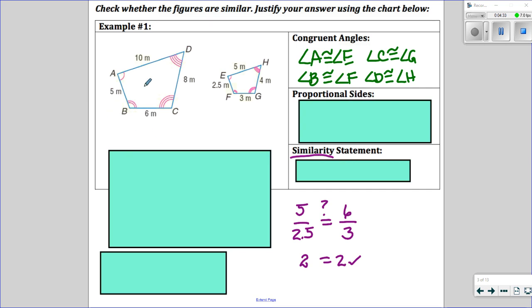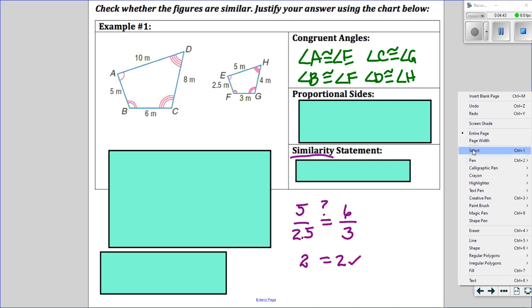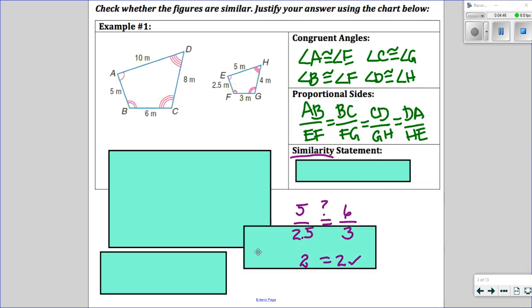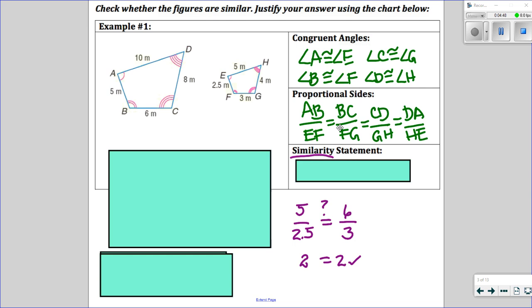The big shape going to the little shape, I'm basically multiplying by half to get to the dimensions for the small shape. So I can say in conclusion that the sides are proportional. So then I set up the proportion. So one side of the big shape to the small side is equal to another side of the big shape to the small side of the other shape.